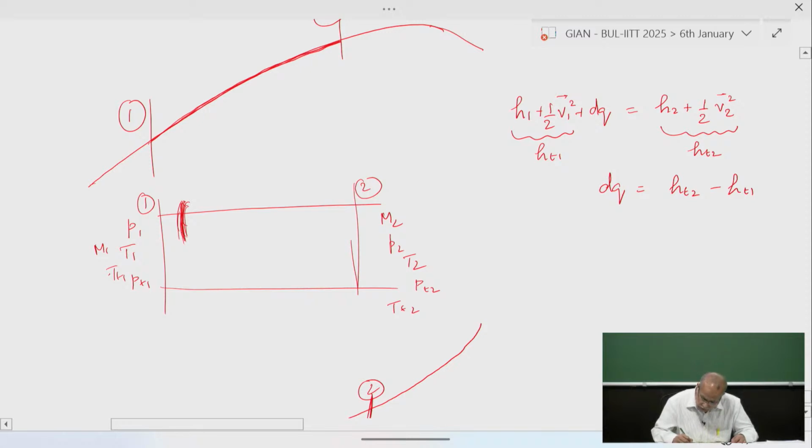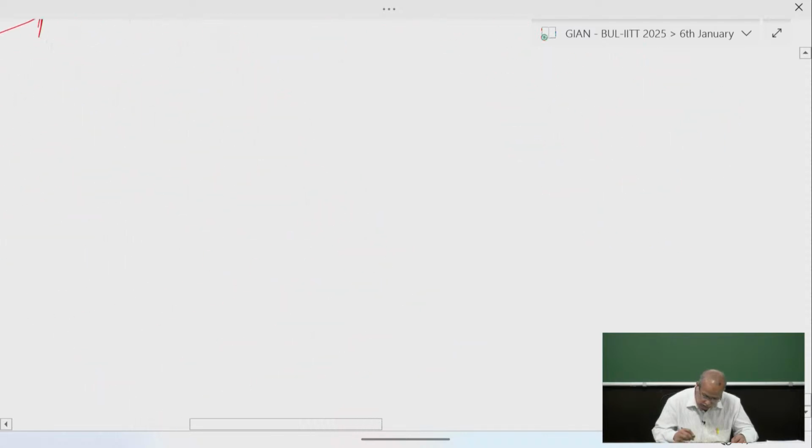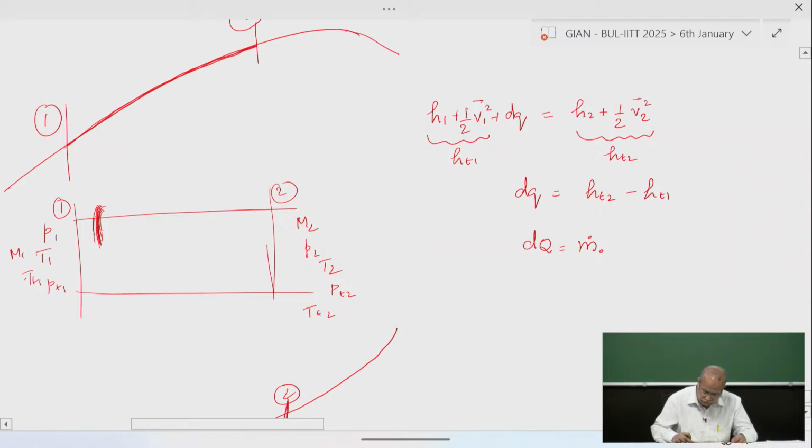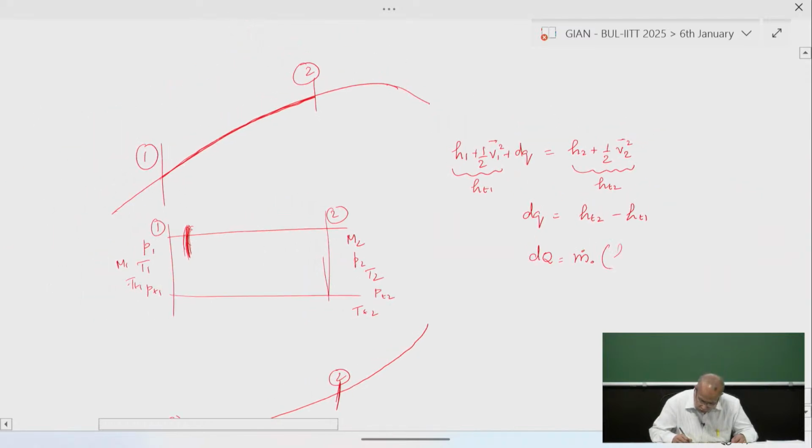So I can write here Q is equal to mass flow rate of the air that is entering into HT2 minus HT1, or in other words, m dot O, specific heat, the working fluid remains the same, Cp, Tt2 minus Tt1.